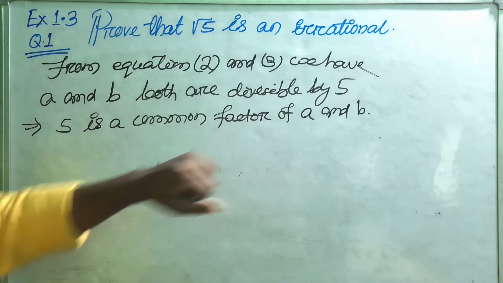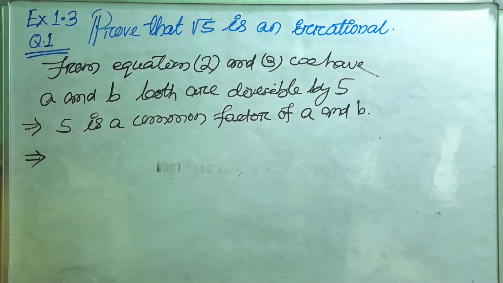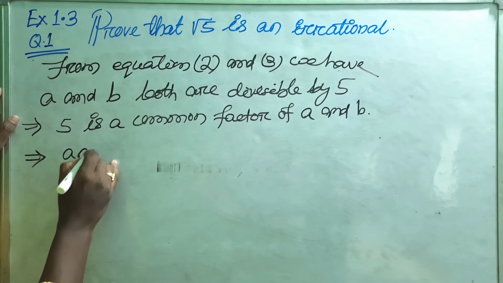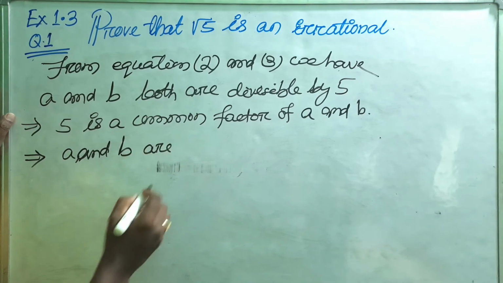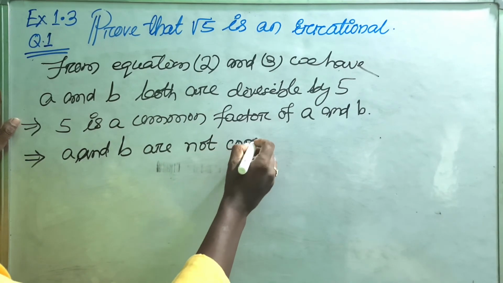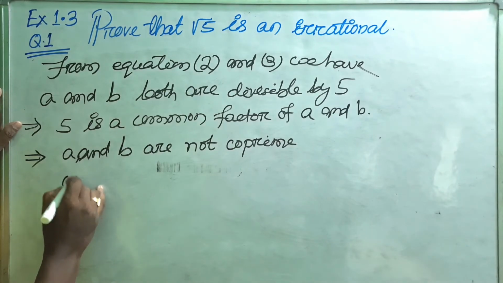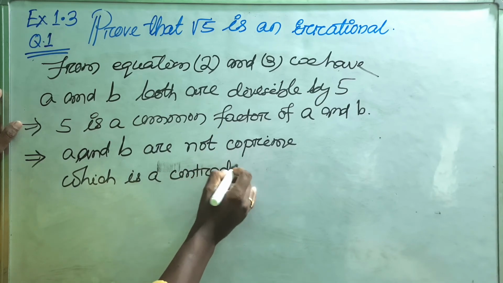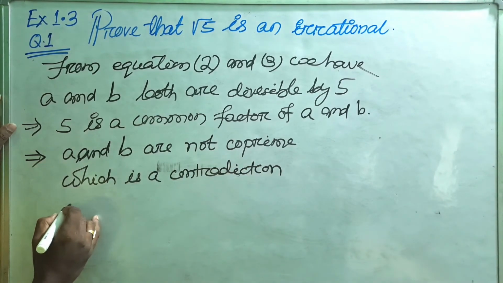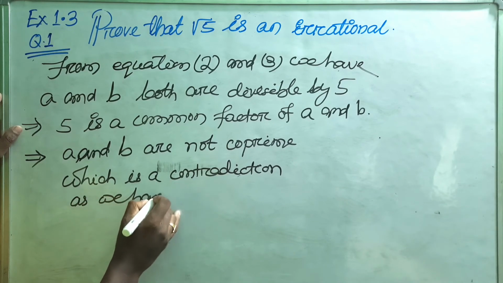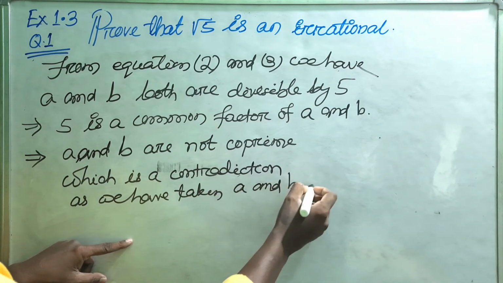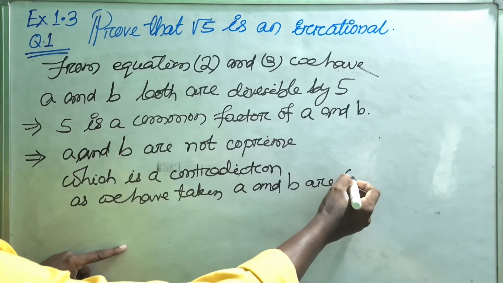If 5 is a common factor of a and b, this implies a and b are not co-prime, which is a contradiction, as we have taken a and b to be co-prime.